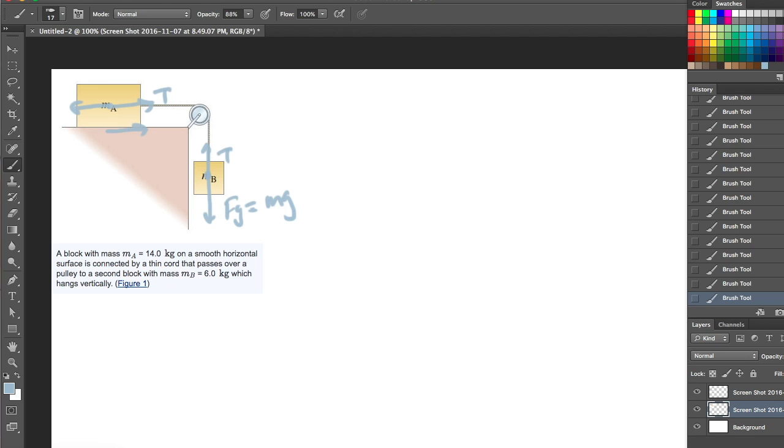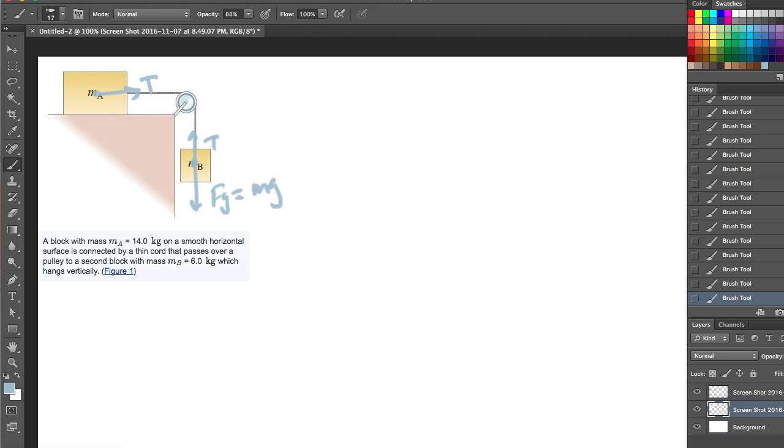If the block was moving this way, friction would act the opposite way, but since we don't have any friction, we don't have to worry about that. From this free body diagram, we can assume that this block is going downwards and this block is going in that direction.